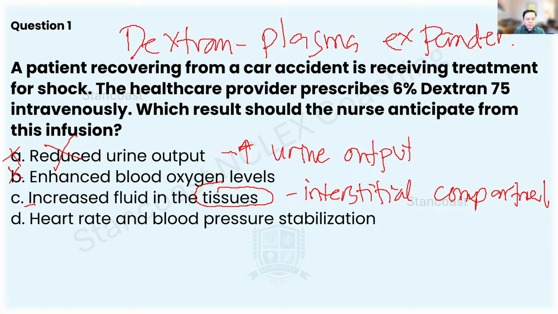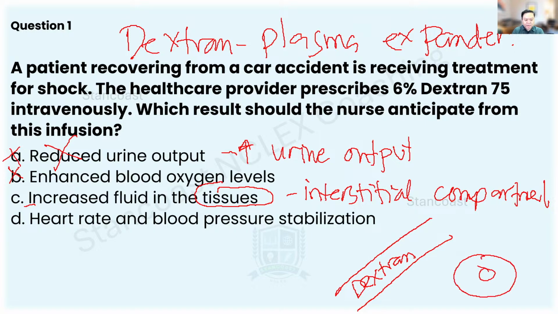Guys, if we are talking about the plasma expander right here, which is the dextran, the cells right here, the surrounding tissues, and we have the interstitial spaces right here, the interstitial compartment.